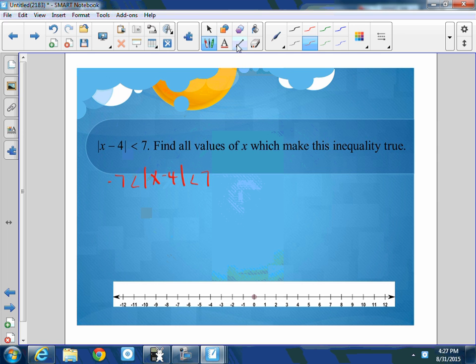So what I'm going to do is, it's almost like I forget about this part of the equation, and then I have this that makes one inequality. So that would be negative 7 less than x minus 4.